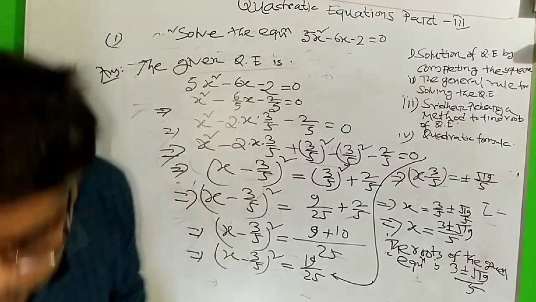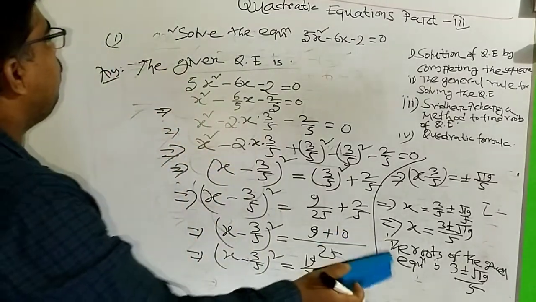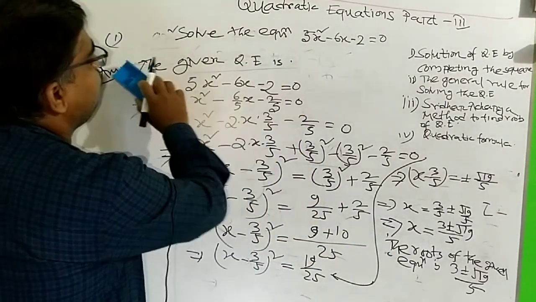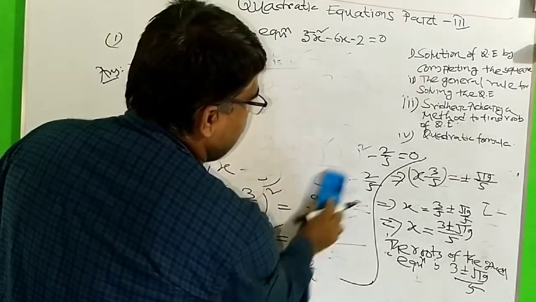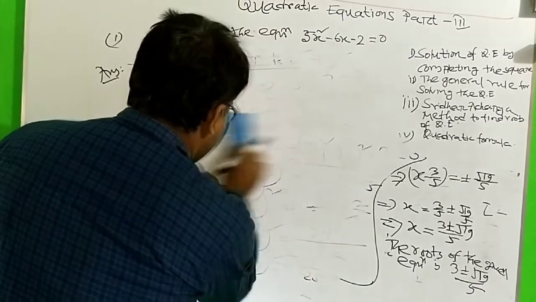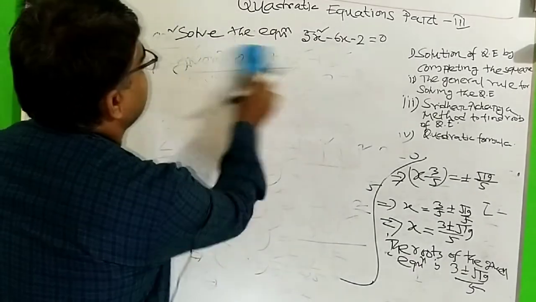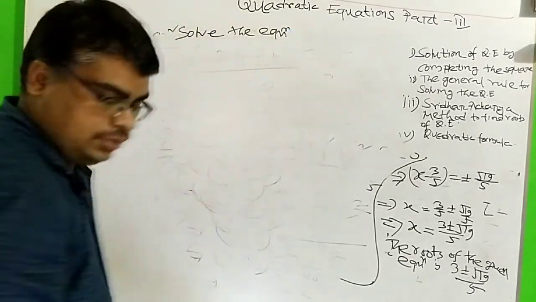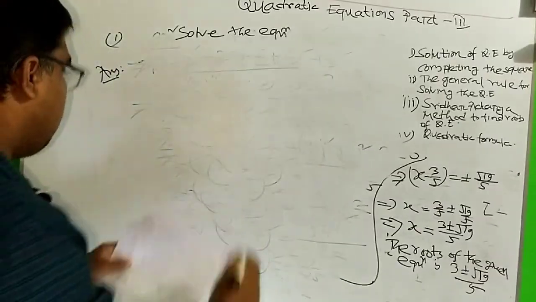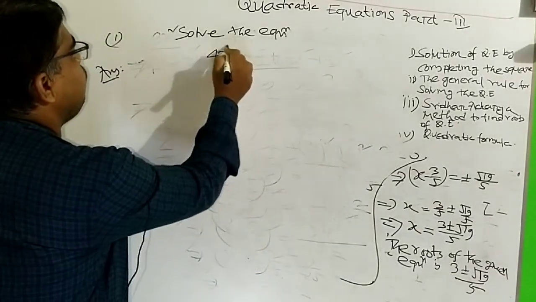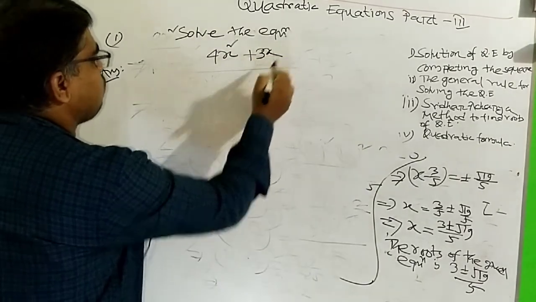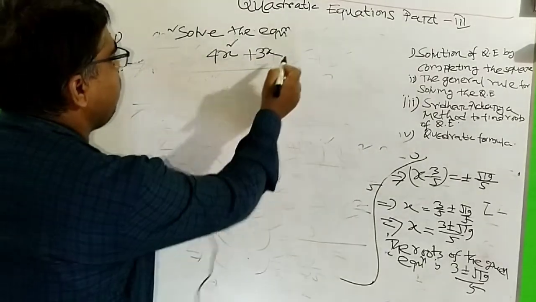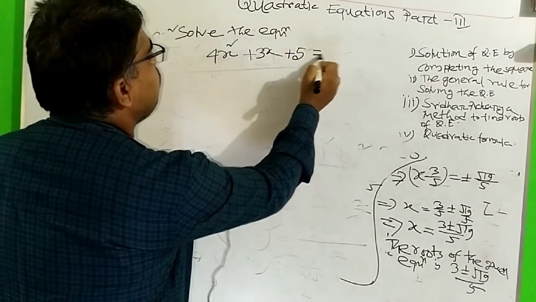Okay, now we go to another problem to solve the quadratic equation. Solve the equation 4x square plus 3x plus 5 equal to 0.